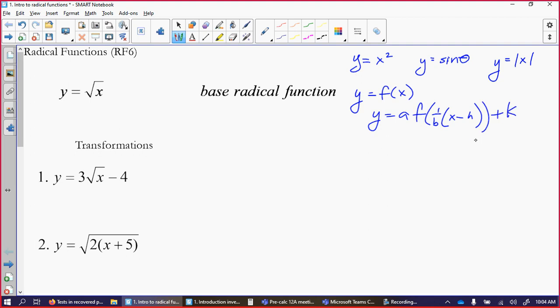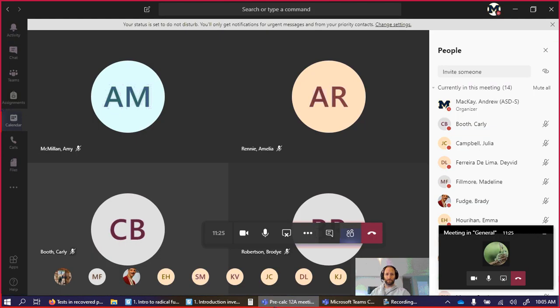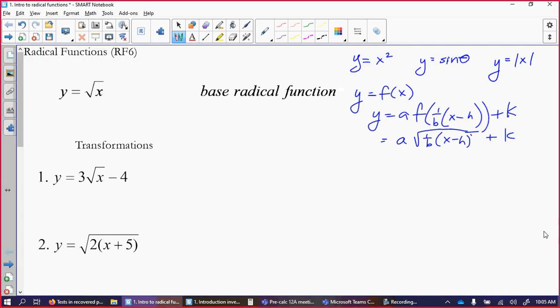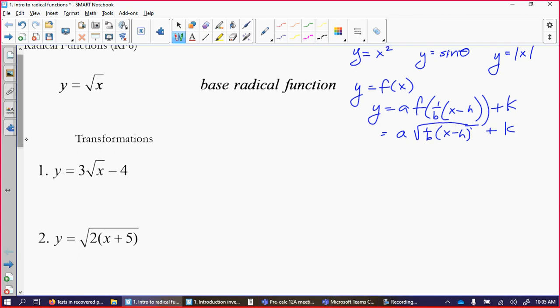Now instead of f, we're going to have a square root of 1 over b (x minus h) plus k. And we need to be able to figure out what the transformations are. We need to be able to develop a mapping rule. We need to be able to do all of the things that we've done with just dummy things with this square root of x.